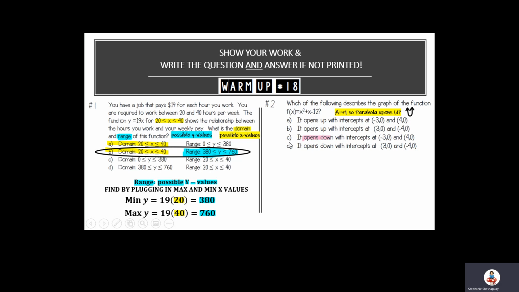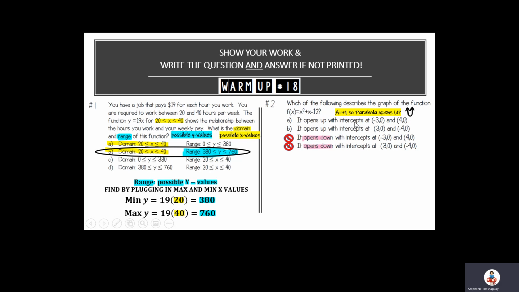So I can immediately cross out C and D because it says that the parabola is opening down. So now I'm left with A and B. So I have a 50-50 shot, which on the EOC is a much better chance than a 25% chance. So let's keep working.